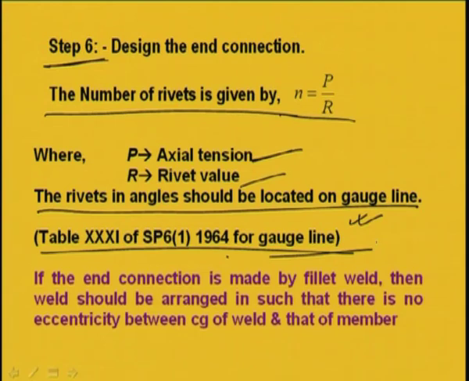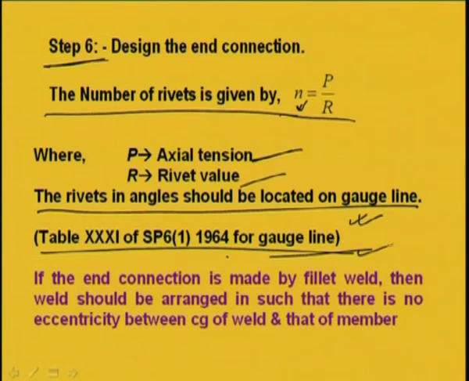And then we have to recheck once again, because depending on how many we are providing, we have to see whether the net area is available or not, means what is the new actual area we are going to get, which should be more than the net area required, which has been calculated at step 1. So from this we have to find out.